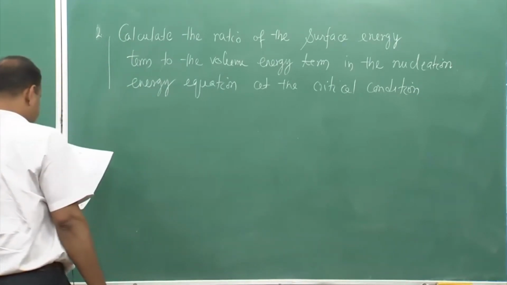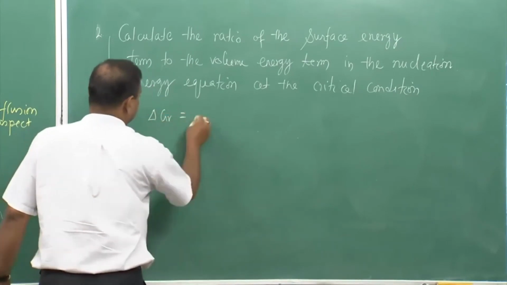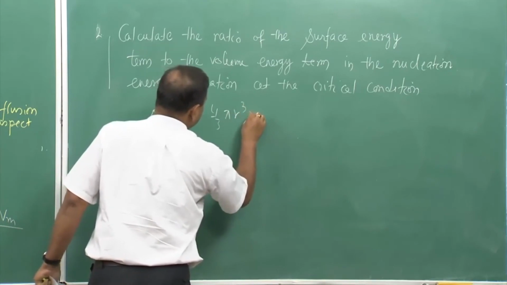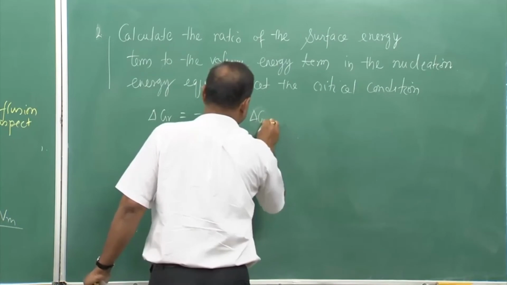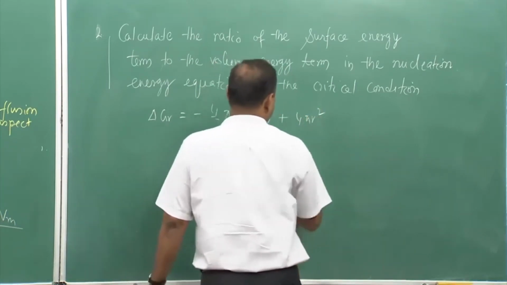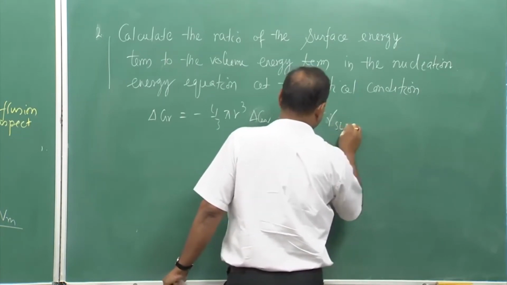Now, that time I can write this delta G R term, which is 4 pi R cube by 3 delta G V, sorry, delta G V plus 4 pi R square gamma SL.